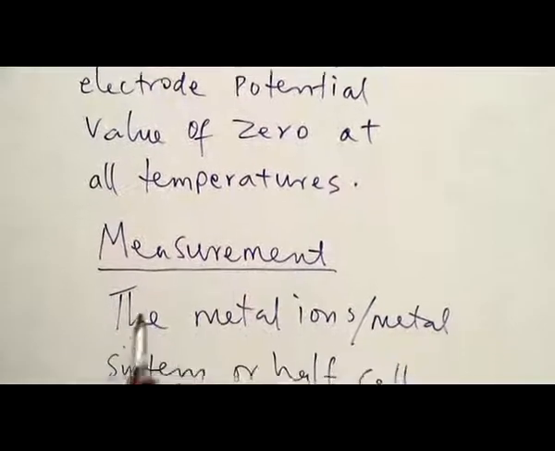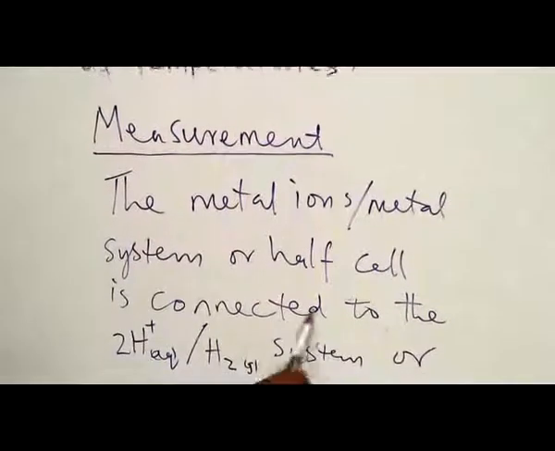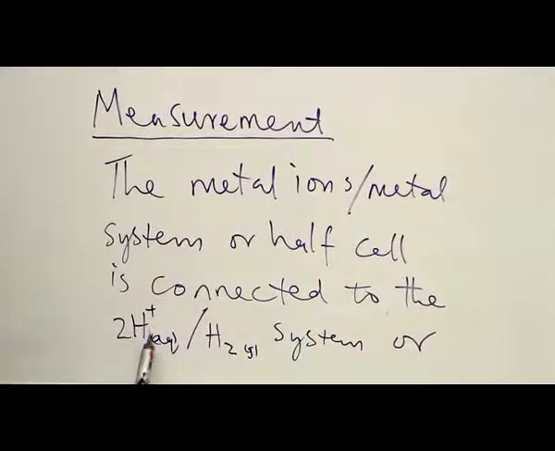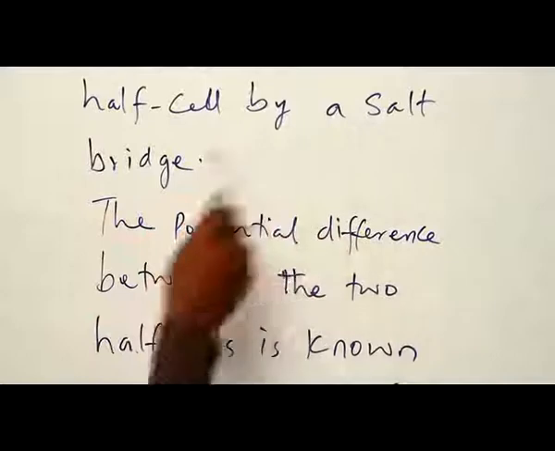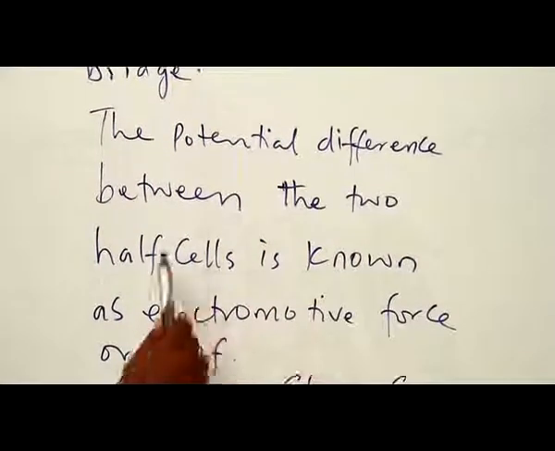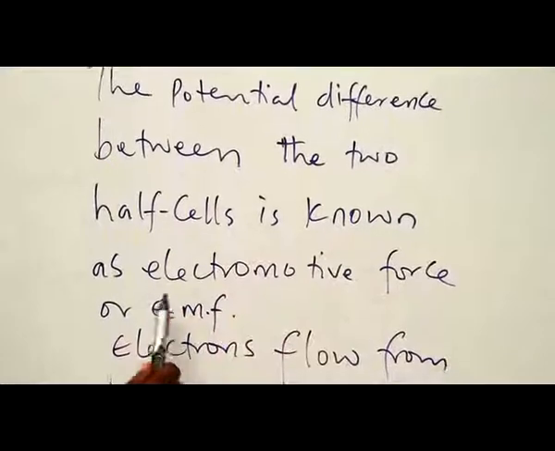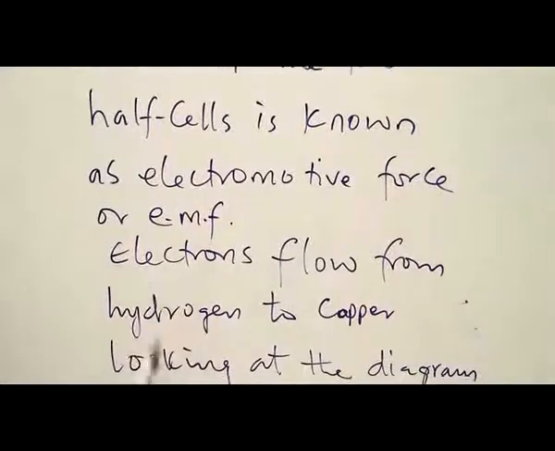Measurement. The metal-ion metal system or half cell is connected to the hydrogen ion hydrogen gas system or half cell by a salt bridge. The potential difference between the two half cells is known as electromotive force or EMF.